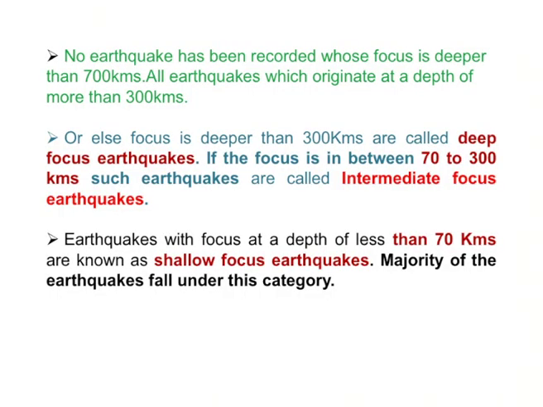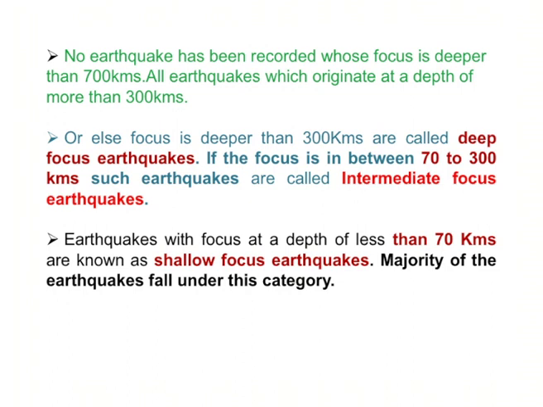The second one: if the focus point is sometimes generated nearby 70 to 300 kilometers, such earthquakes we call intermediate focus earthquakes. These are generated between 70 and 300 kilometers.